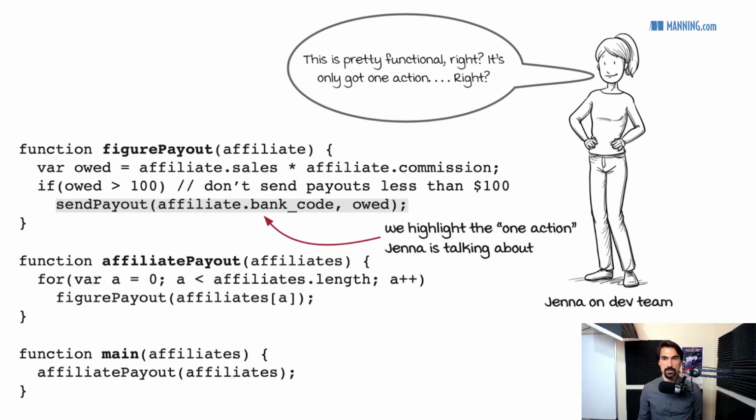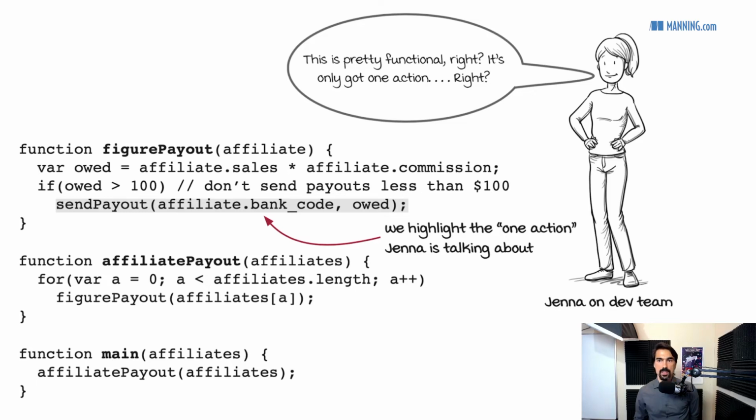Affiliate payout is going to loop through all the affiliates and then call figure payout for each one. And figure payout is going to multiply the sales from the affiliate times the commission. And if they're owed more than $100, it's going to send the payout, meaning it's going to contact the bank and transfer money to their account.